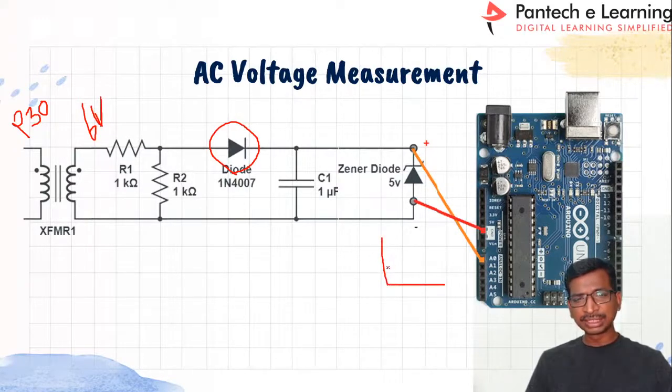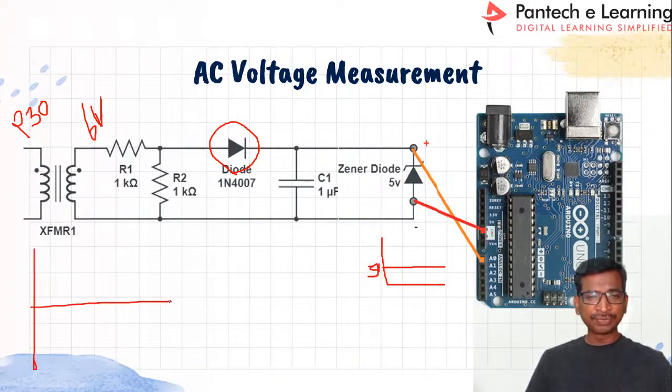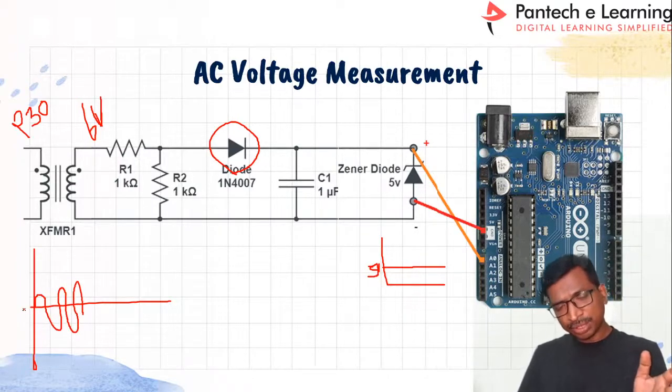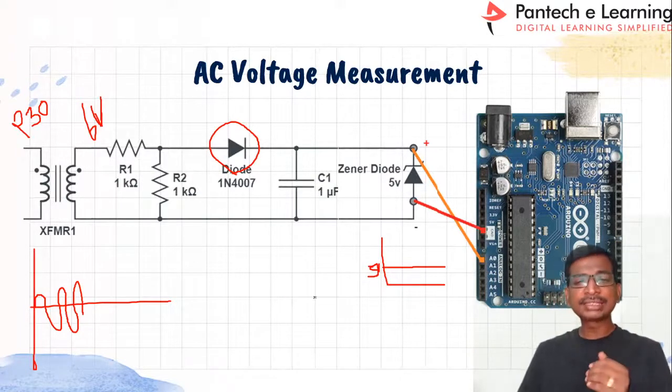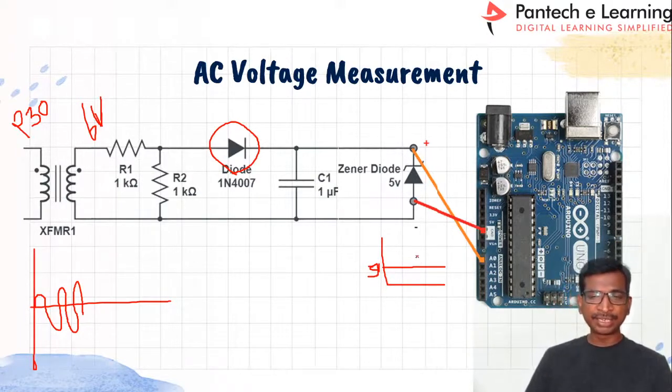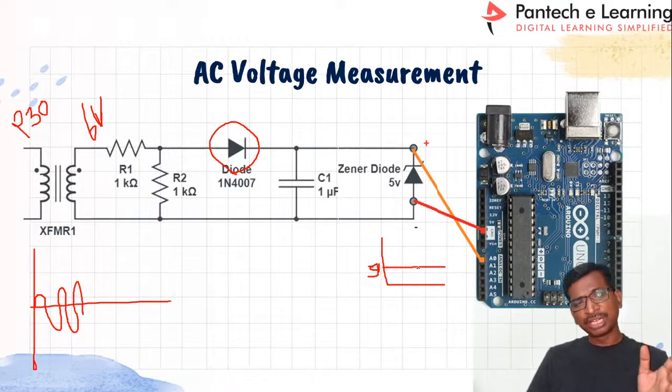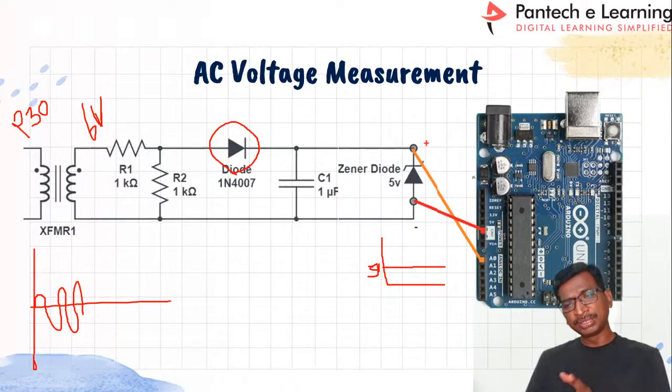By tuning this resistance, we can get an average DC voltage equivalent to about 5 volts. Suppose there is a frequency change in the AC input, instead of 50 hertz you are getting 40 hertz or 60 hertz. In that case we cannot track those variations. Whatever the 230 volts is, the same 230 volts will be measured, and it will be scaled down to an equivalent voltage.